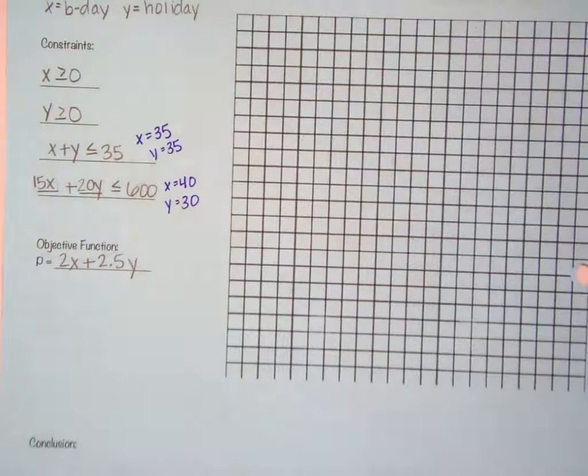So when we're making our graphs now, we want to figure out the smallest interval that goes into both intercepts. My two x-intercepts are 35 and 40. What's the smallest number that goes into both 35 and 40? 5. So I'm going to make my interval 5.